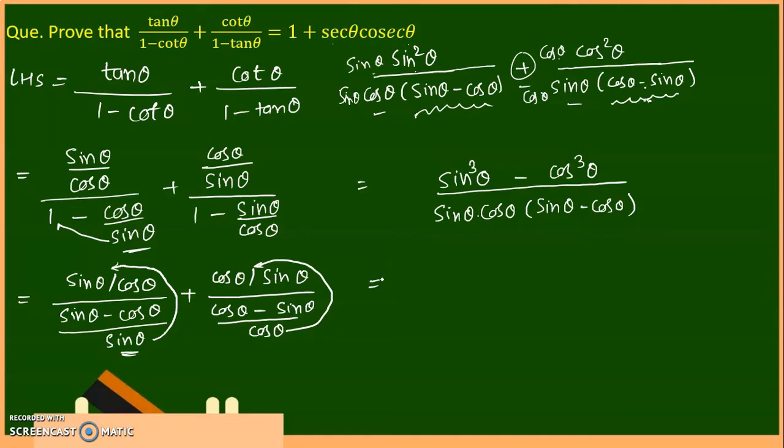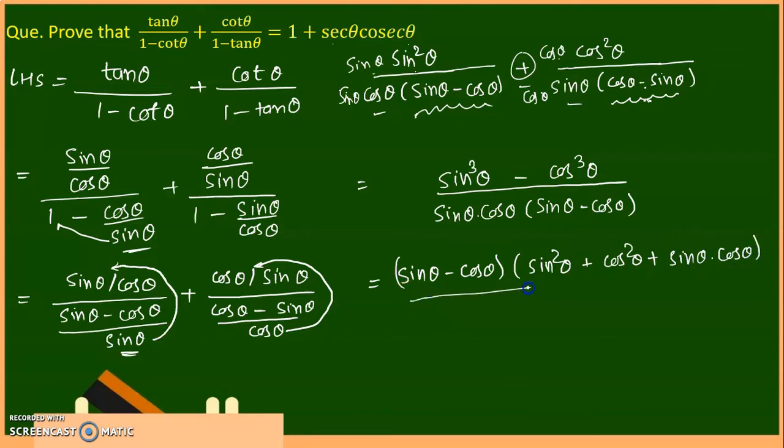Now here we can use the identity a cube minus b cube, that will be equal to a minus b into the bracket a square plus b square plus ab, and in the denominator we have sine theta multiplied with cos theta into sine theta minus cos theta.